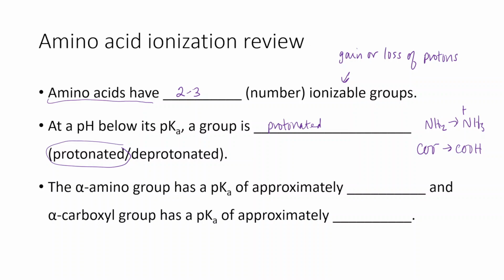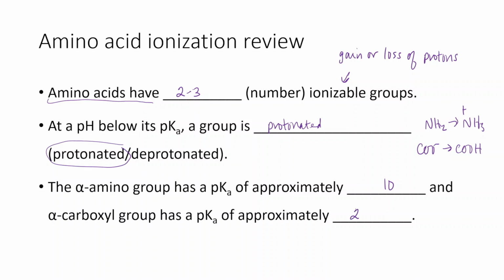So, last question. The alpha amino group has a pK of approximately what? Yeah, 10-ish. And the alpha carboxyl group has a pK of approximately, yeah, I'm seeing some 2s. Excellent.